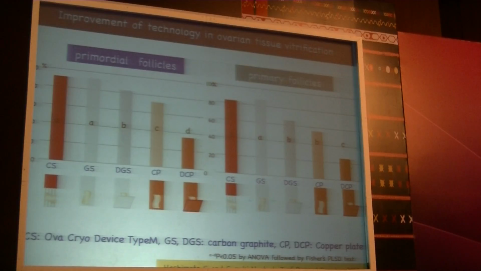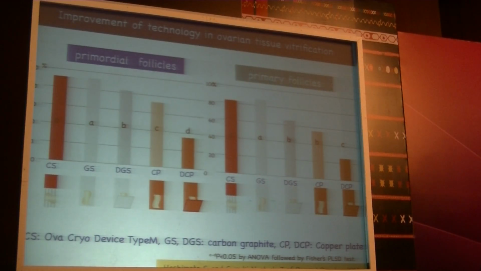A total of 2,034 follicles were analyzed by light microscopy to evaluate the morphologies of the follicles, vitrified ultra-rapidly with 4 different devices. And the architecture of the compact matrix of ovarian stroma tissue, which consists of stroma cells and bundles of collagen fibers, was damaged most in the specimens frozen using copper plate.